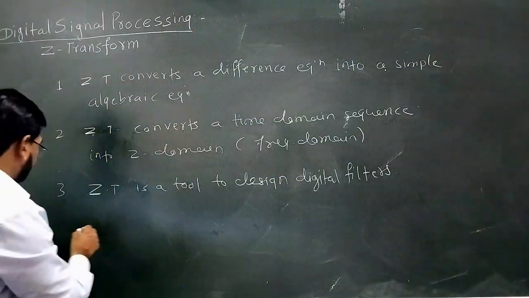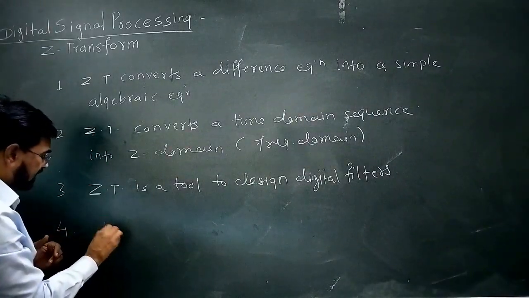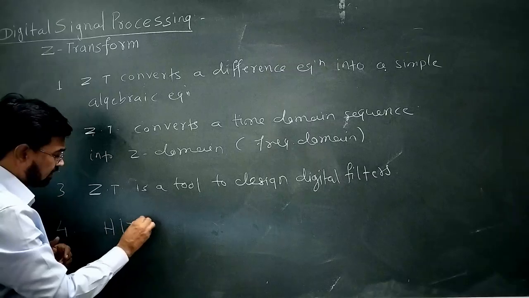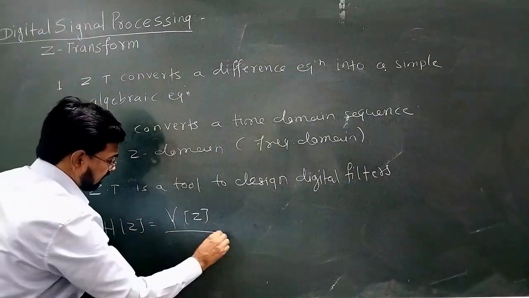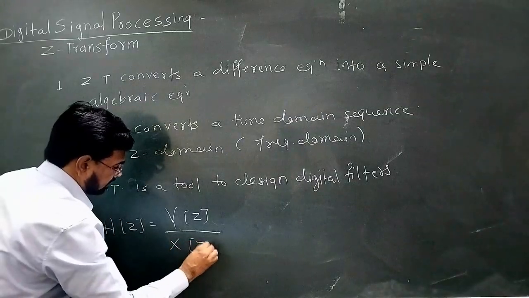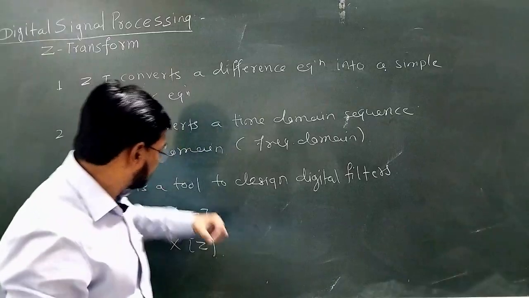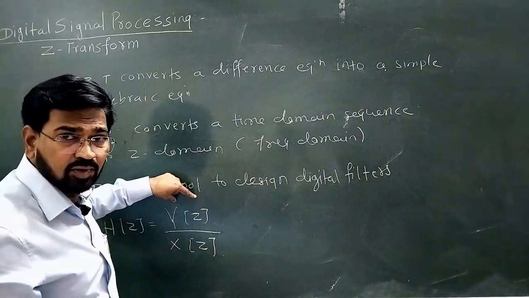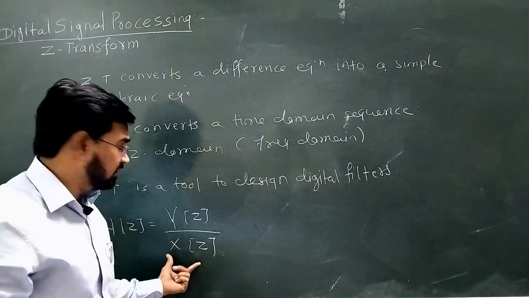And by Z transform we can obtain the transfer function H of z equal to Y of z divided by X of z. H of z is the transfer function, Y of z is the Z transform of the output and X of z is the Z transform of the input sequence x of n.